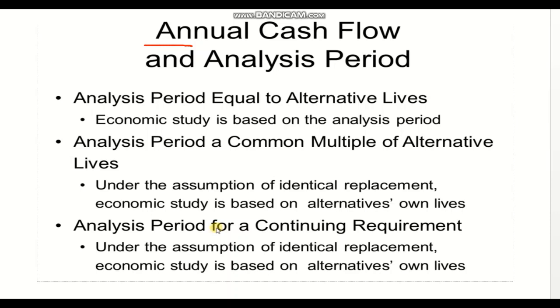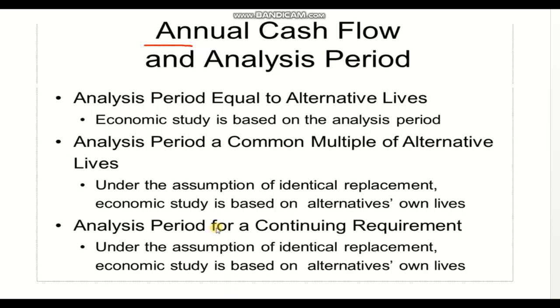As you remember, we have 7 and 13 years of useful lives for the different alternatives, which gives the common multiple of 91 years, which is the analysis period for continuing requirements, under the assumption of identical replacement, with economic studies based on the alternatives' own lives.